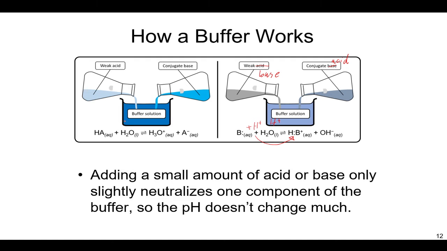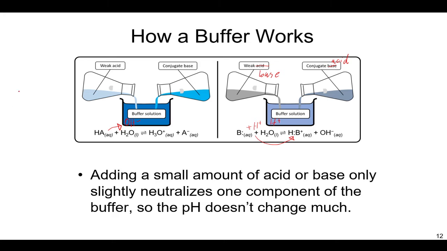Or if there's some OH minus added here, well, then the acid HA will react with OH minus to make my conjugate base A minus. Okay, so the point is that when you're studying something in a buffer solution, if some new H plus or OH minus comes into the picture, it is sort of neutralized immediately by the acid or base.